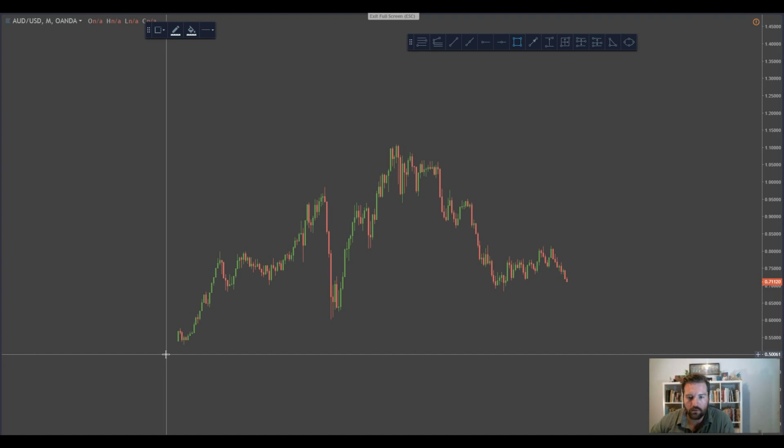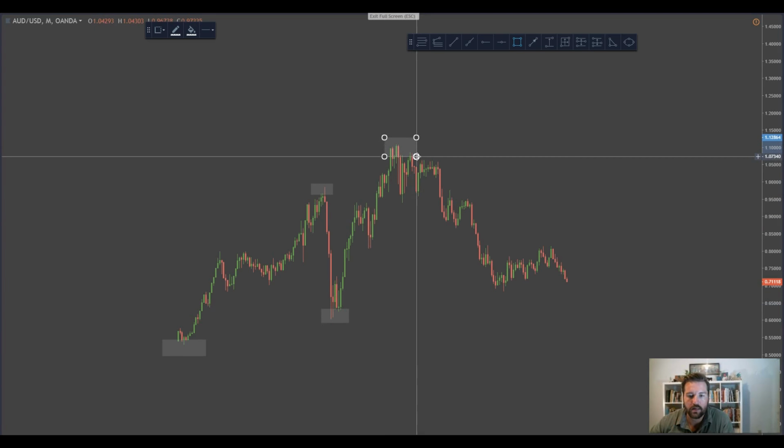Overall, this is classified by my definition as an uptrend. Big picture, on the monthly chart, you can see we have a low, we have a high, a big steep retracement and pullback, and then it pushes on to new highs.